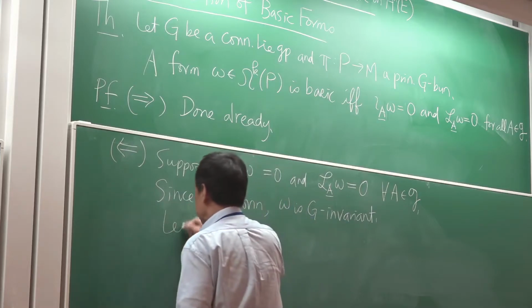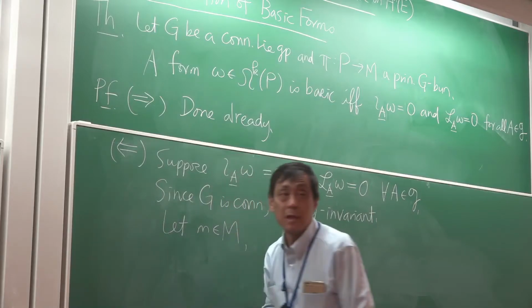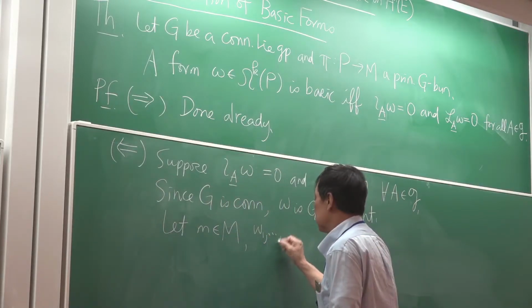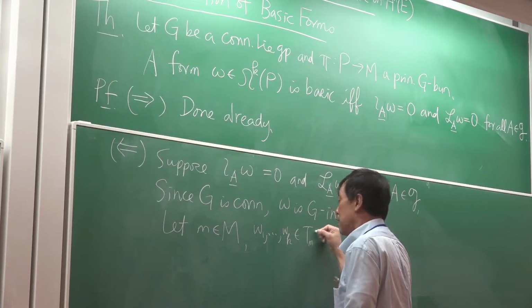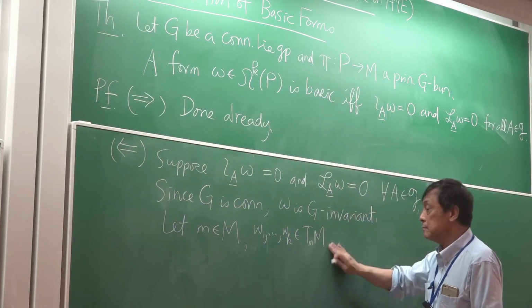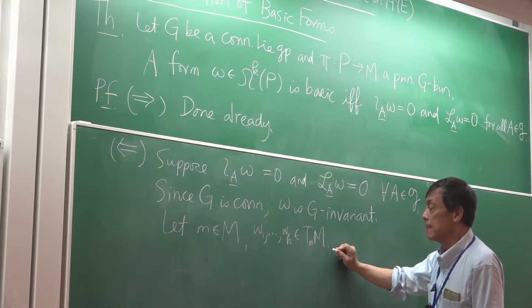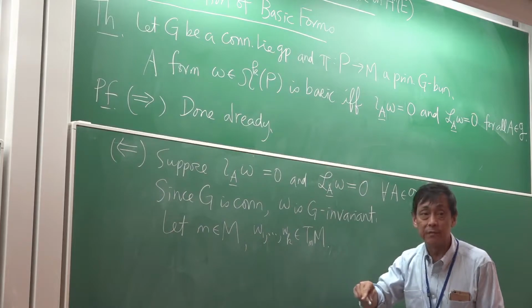So pick a point downstairs, and then pick k vectors downstairs. And we want to define a form downstairs.